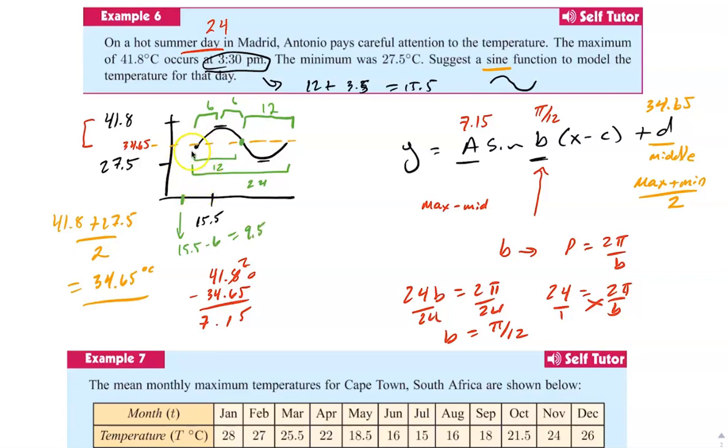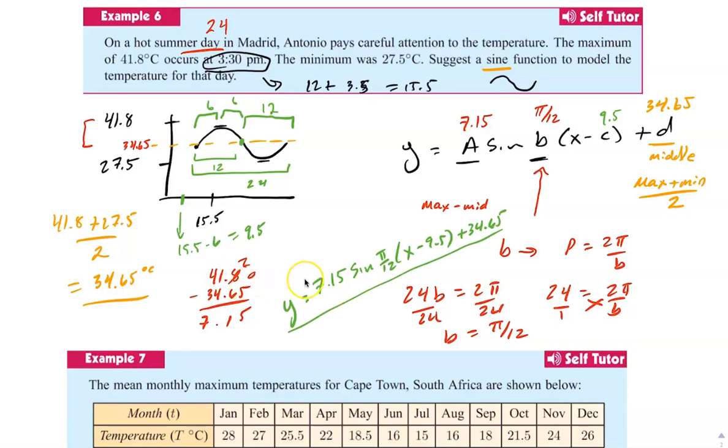That's where this graph is starting out at, 9.5. We'll start in first period. So 9.5. That's my equation. Y equals 7.15 sine of pi over 12 x minus 9.5 plus 34.65.